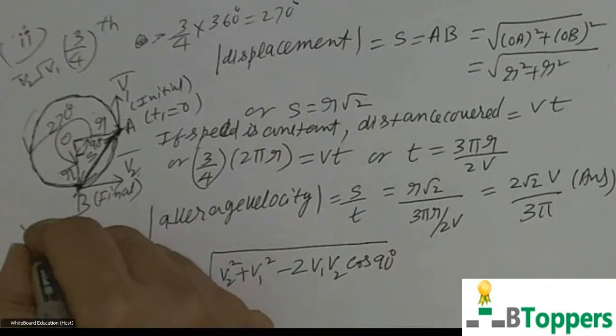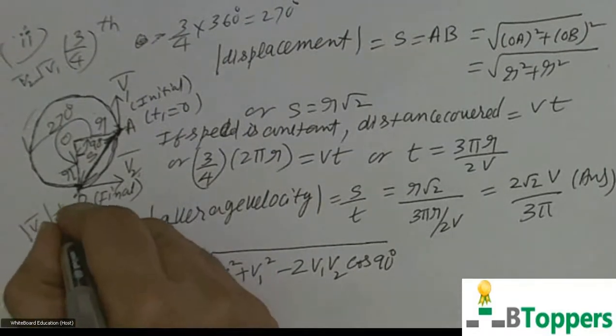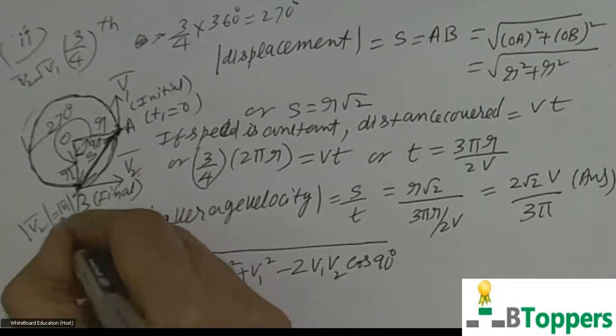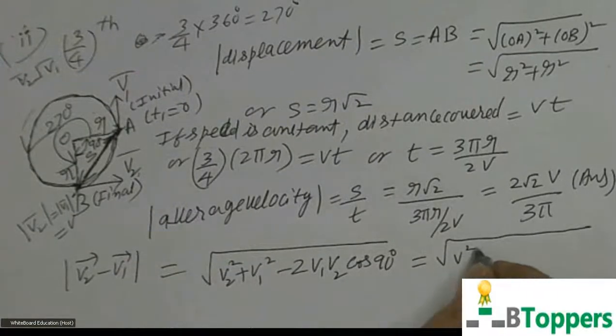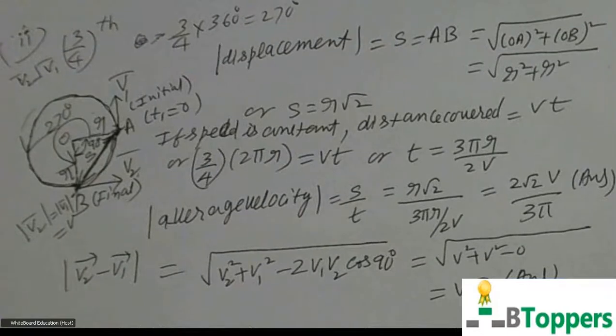In this case, mod of v2 bar is the same as mod of v1 bar, denoted by v. So you get v root 2. So the magnitude of the change in velocity is v root 2.